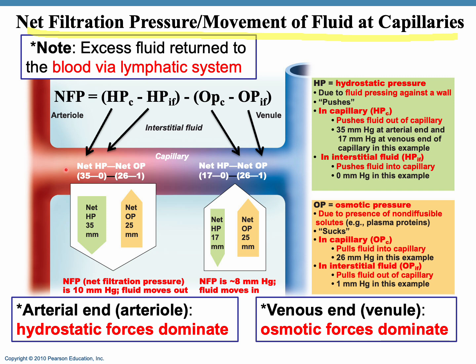So this is pressure that's building internally in the capillary, which will force the fluid out. So important to remember, at the arterial end of the capillary, hydrostatic pressure is the dominating pressure.